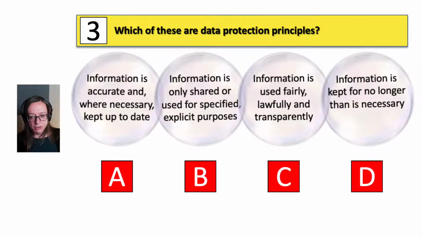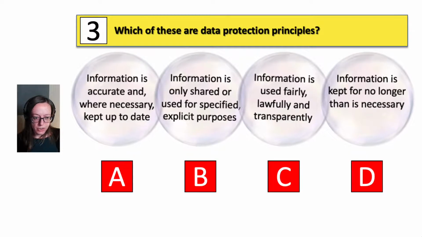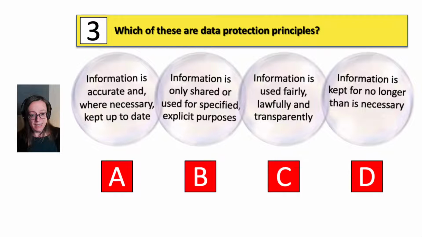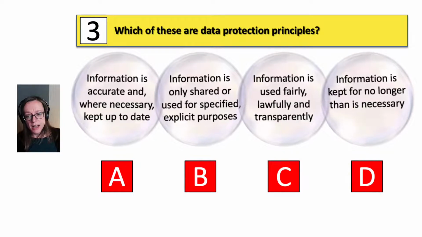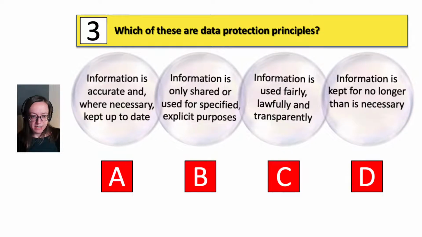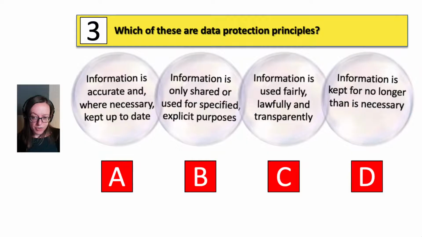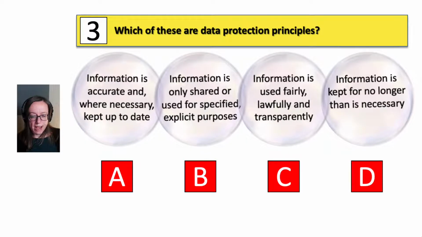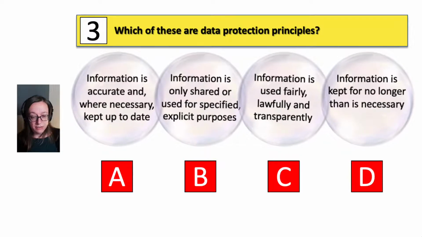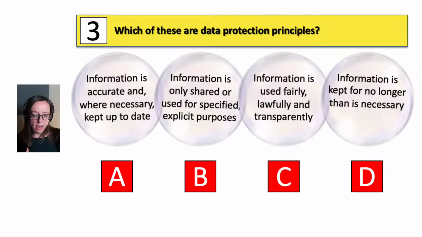You have to use information fairly, lawfully, transparently, so you can't do anything illegal with people's information, and then you don't keep it for any longer than is necessary. In healthcare, there are some rules about how long medical information is kept, and that depends on a number of things.